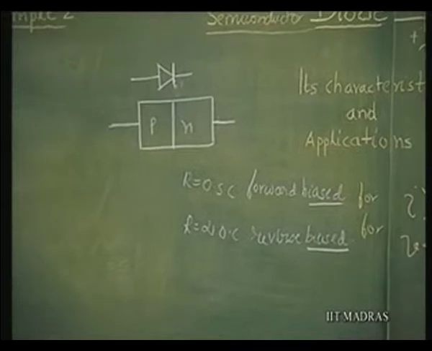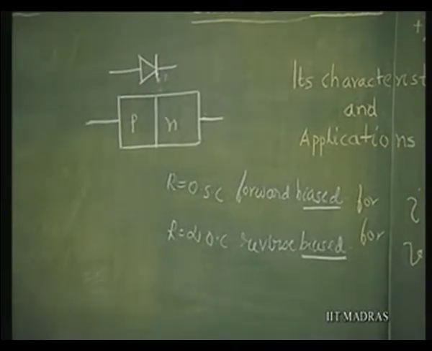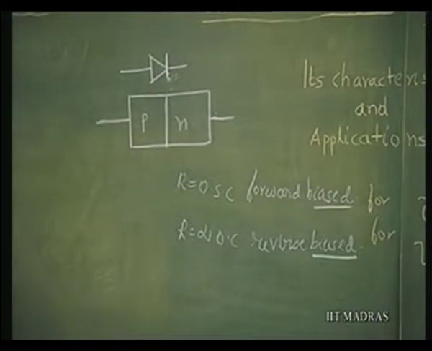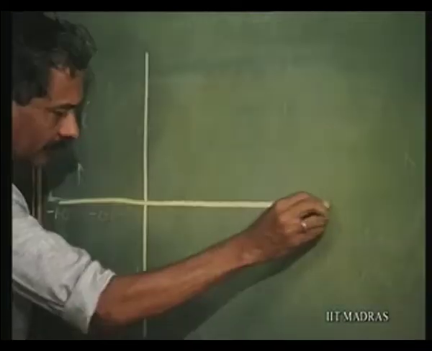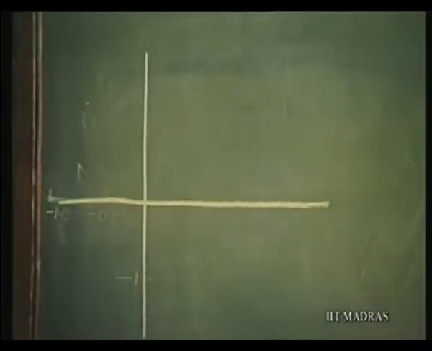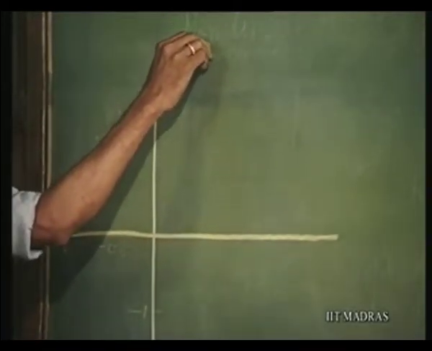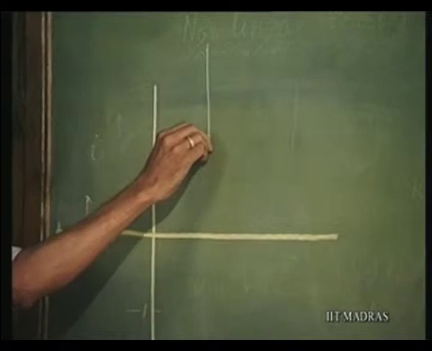Now, what is the characteristic of a PN semiconductor diode? Let us therefore see how closely it is approximating the ideal diode. The semiconductor diode follows a characteristic somewhat like this.